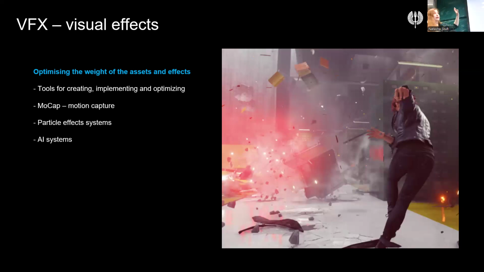Next time we will be talking about VFX, so I'm not going to go into details now, but tech artists make all of this work together, so that when the VFX artist comes in, they can create their black magic on top of the stuff.